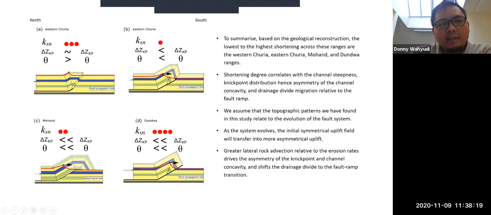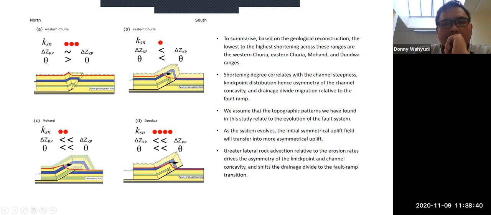It has this characteristic: the knickpoint elevation to the base level is equal for the north and southern basins, but the concavity is higher in the north, and the ksn is relatively higher toward the eastern part of the Churia range.